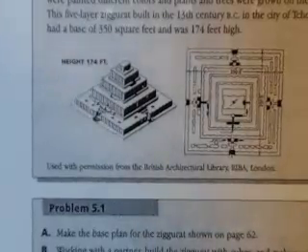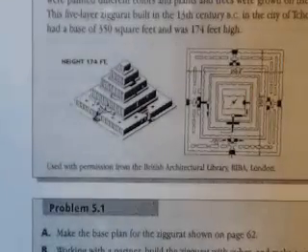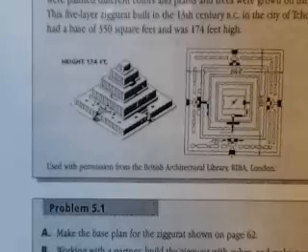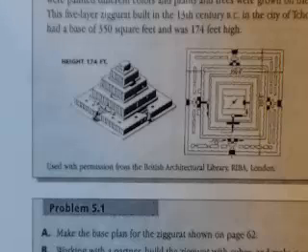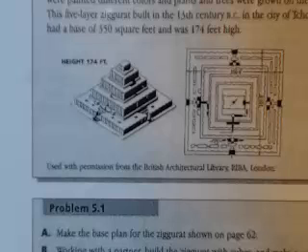So archaeologists have uncovered about 30 different ziggurats dating back to 3000 BC. These are in the Mesopotamian cities, and they were creating artificial mountains to house their local gods.